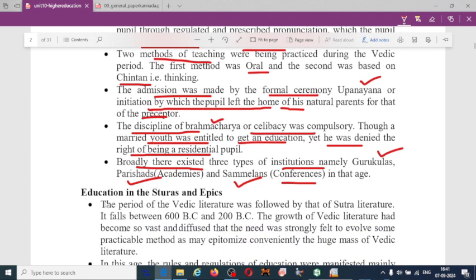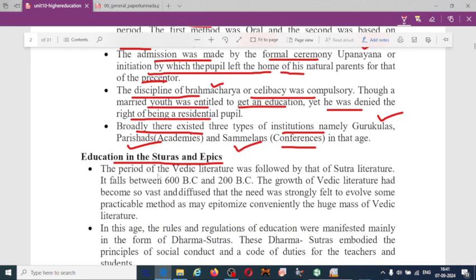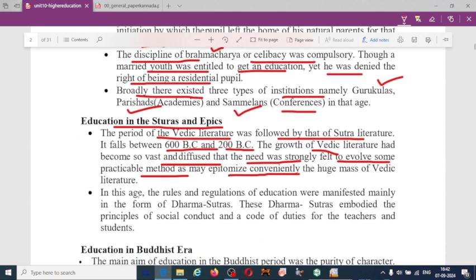So, education in Sutras and epics. The period of Vedic literature was followed by that of Sutra literature. It falls between 600 BC and 200 BC. The growth of Vedic literature had become so vast and diffused that the need was strongly felt to evolve some practicable method to epitomize conveniently the huge mass of Vedic literature.